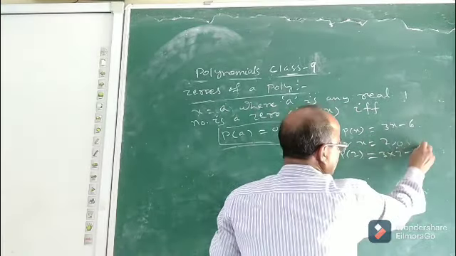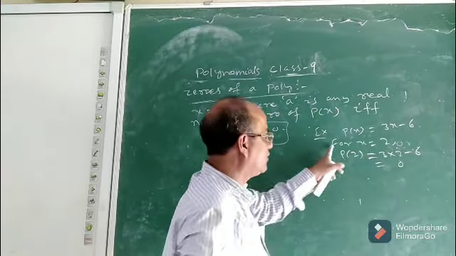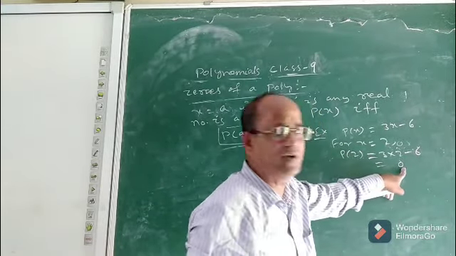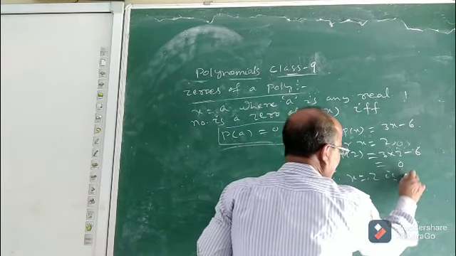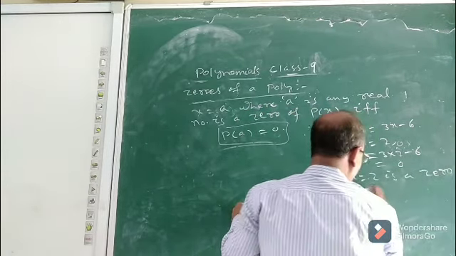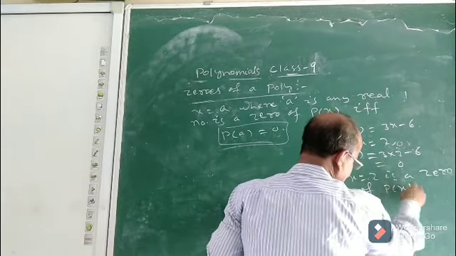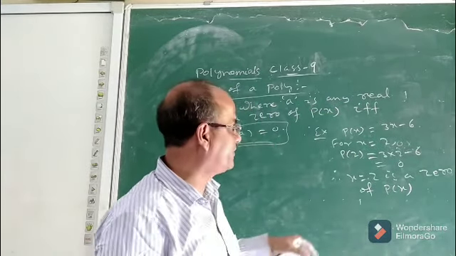It will be 3 into 2 minus 6, it is 0. For x equal to 2, p of 2 is 0. Therefore, x equal to 2 is a 0 of p of x.